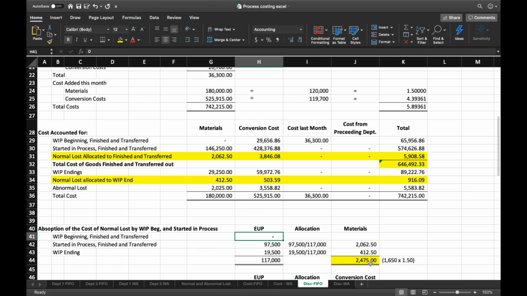Magkano yung i-allocate natin para dun sa mga started in process? So, ang gagawin mo lang, yung 2,475 times 97,500 divide by 117,000 equals 2,062.50. Yun yung ilalagay mo ditong normal loss allocated to finish and transfer.